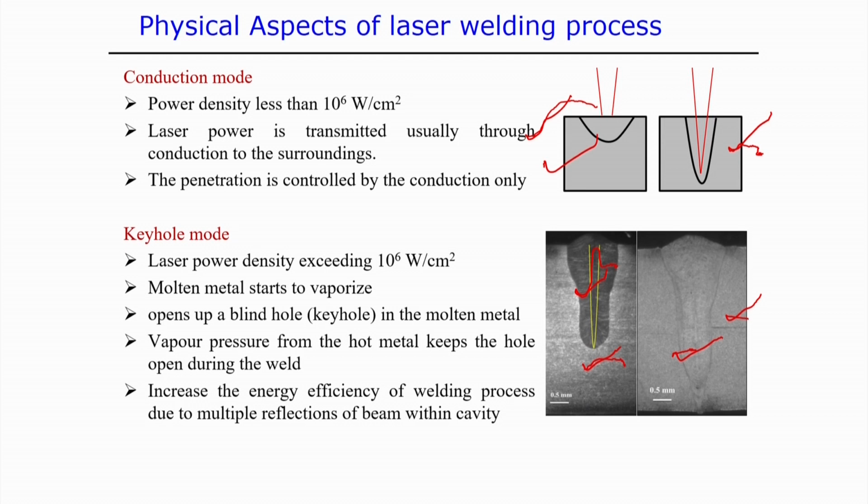But there is one advantage of this keyhole mode laser welding process. Due to the multiple reflection of the beam within that small cavity, that is, the keyhole, the absorption of the laser energy increases during the process. So, when there is a requirement of high depth of penetration, probably keyhole mode laser welding is preferred compared to the conduction mode welding process.